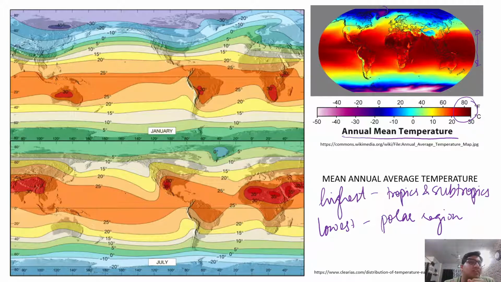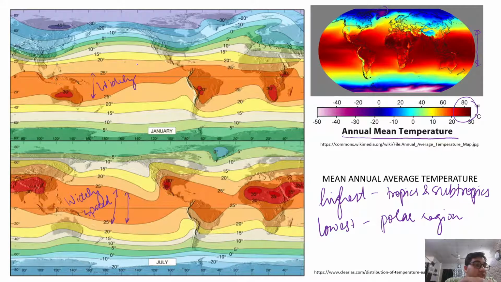Another salient feature, if you see over here, in the tropical regions, you can see that these isotherms are widely spaced. Even in both the months of January and July, they are all widely spaced.